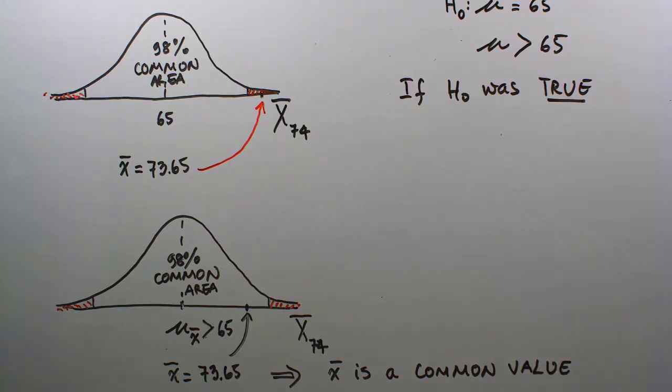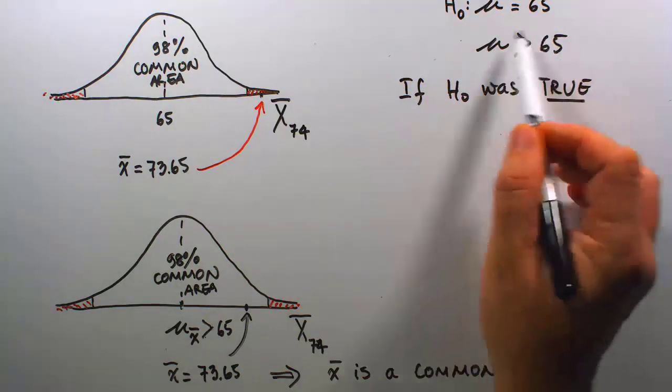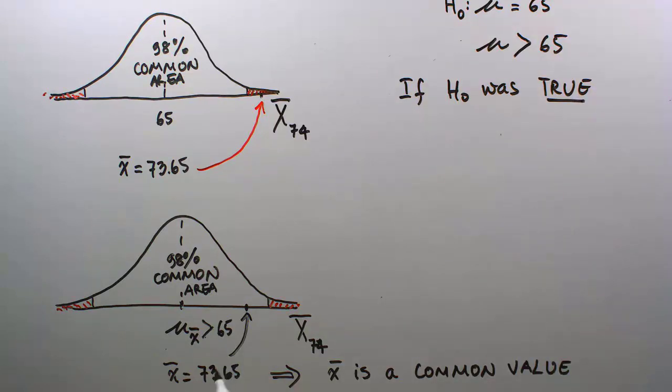And the way I see it, a common value means this sample is just like any other sample, among those sample values that commonly fluctuate away from the claim that was made. And like I said again, this is after the person changes to a higher claim value, anywhere higher than 65, so that our sample mean would fall inside of the common area.